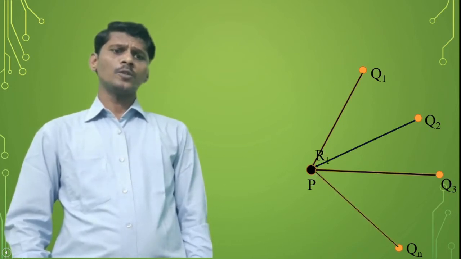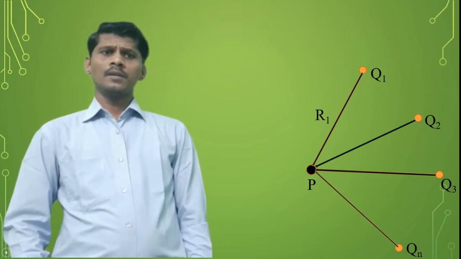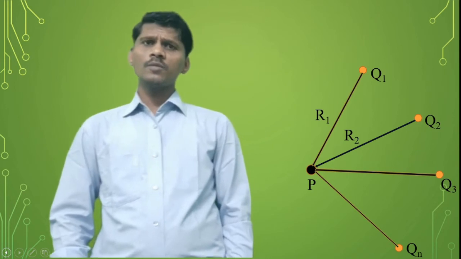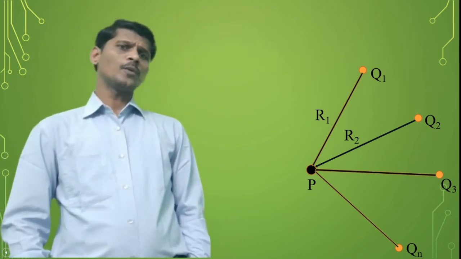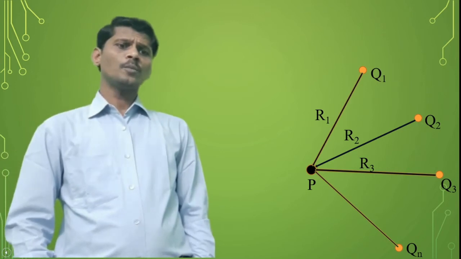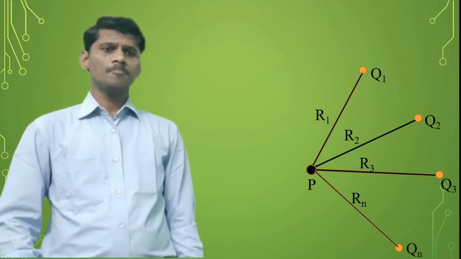Draw the vector lines from charge Q1 to the point P, Q2 to point P, Q3 to point P. Q1 to point P, the position vector is R1, Q2 to point P, the position vector is R2, Q3 to point P, the position vector is R3, and so on. Qn to point P, the position vector is Rn.